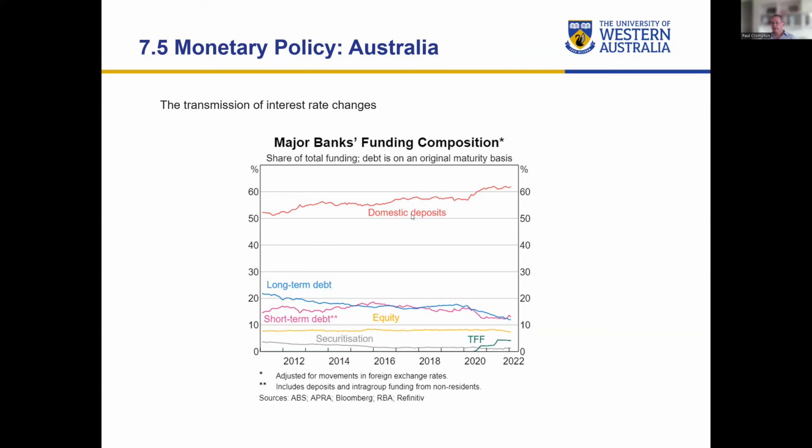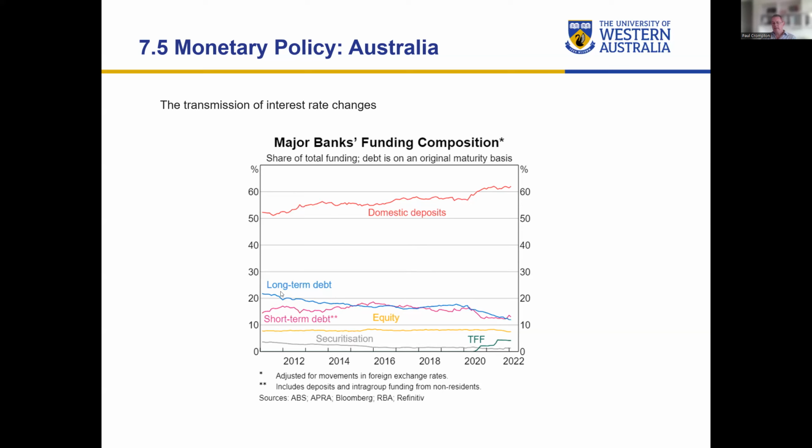If the banks are very keen to attract more domestic deposits, when the cash rate falls by 1%, the banks may only cut the interest rate on domestic deposits by, say, 0.7 or 0.6. So the reduction in interest rates on domestic deposits may not be as large because the banks are trying to make domestic deposit interest rates as attractive as possible.